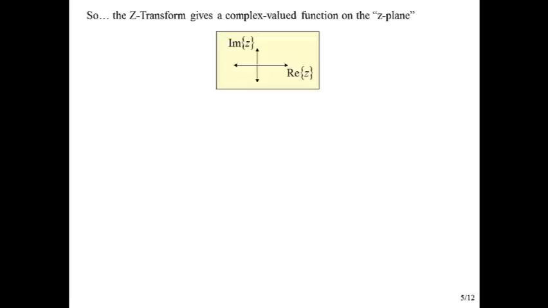So we've already seen that when we apply the Z transform to a discrete time signal, we get a function of Z, and Z is a complex variable. So we're going to have to think about this Z transform as living over a complex plane. Here I'm showing the real part of Z and the imaginary part of Z. So we have two axes that define the Z plane.